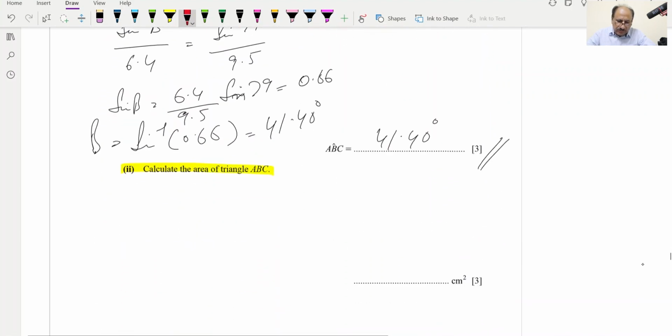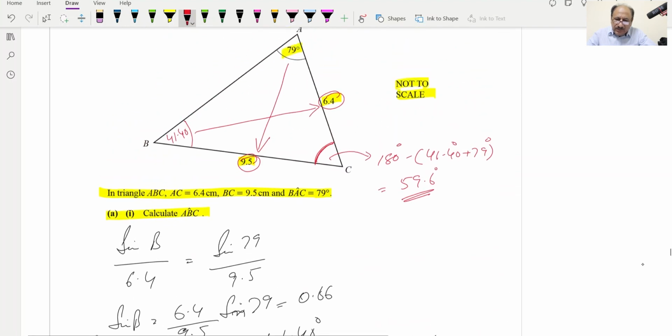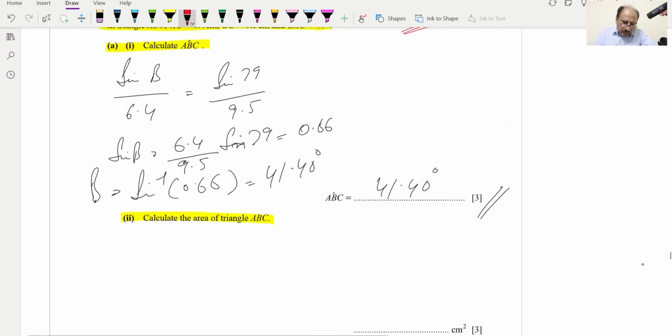We will be using this angle, angle BCA, which is equal to 59.6 degrees.